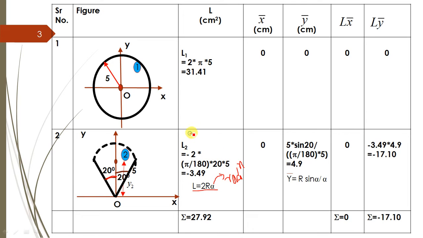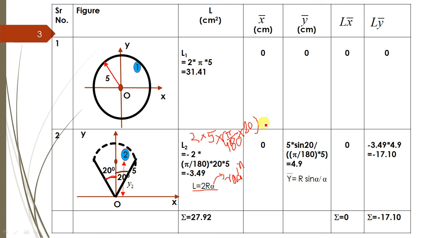So I will write here twice into r, which is 5, into alpha. Alpha is pi by 180 multiplied by this angle, which is 20 degree.